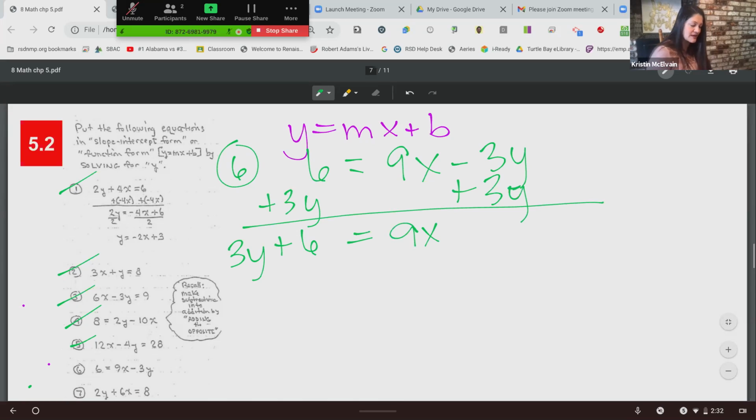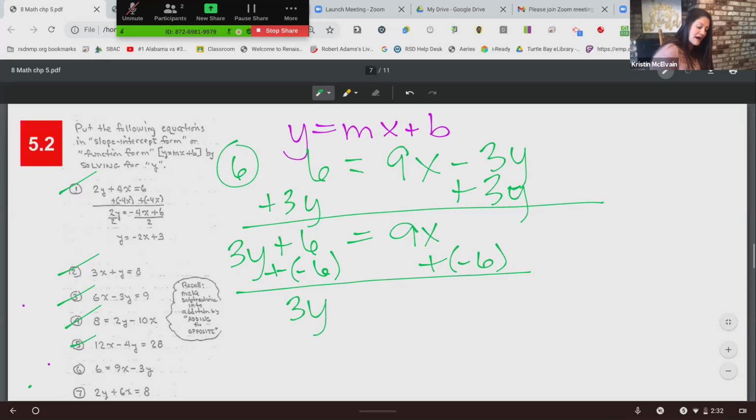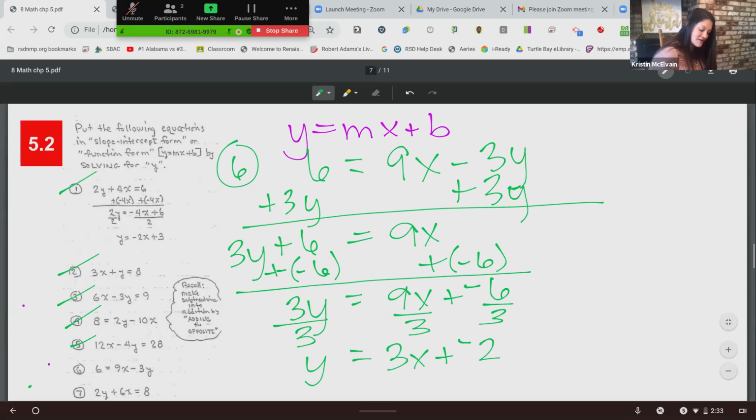Well, 6 is going to be my y-intercept, and that needs to be on the other side. Add the opposite. Leaves me with 3y equals 9x plus negative 6 divided by 3. Y equals 3x plus negative 2.